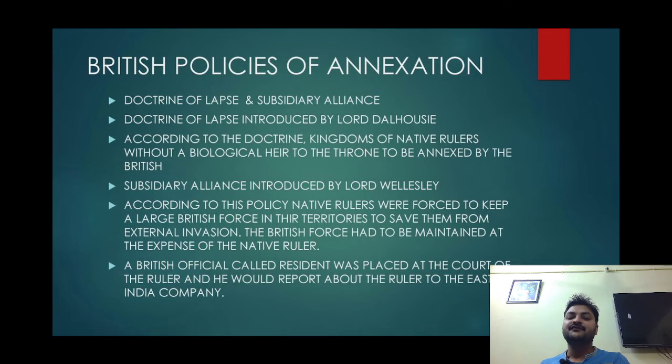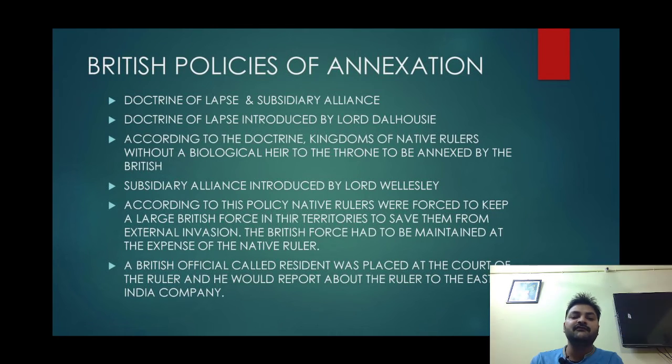What was that? First, they introduced the doctrine of lapse. There was a general named Lord Dalhousie. Actually, you can consider him the most unethical person in history. He started the doctrine of lapse. That means if a person dies without any heir, that is, if he dies without a son and he adopts a son, then that adopted son will have no right over the state.